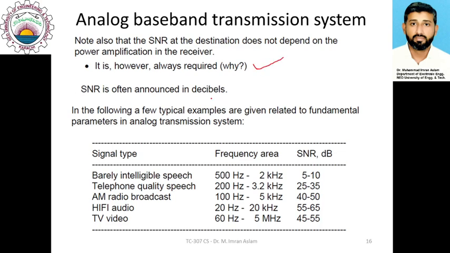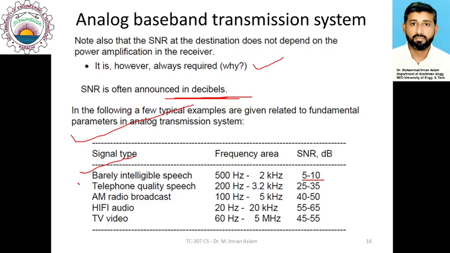Typically the signal to noise ratio at the receiver side is represented in decibels. This table summarizes typical examples for different analog transmission systems and the related signal to noise ratios. If we are working with 5 to 10 dB of SNR, these signals are very hard to detect; they are not detectable.